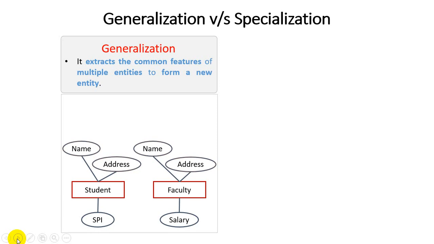So whenever we require to extract the common features of multiple entities, like a student is a person and a faculty is also a person, it means both entities have some common features known as a person. To form a new entity, with the help of student and faculty, from these two entities we can derive one common entity known as a person. So it is known as the generalized concept.